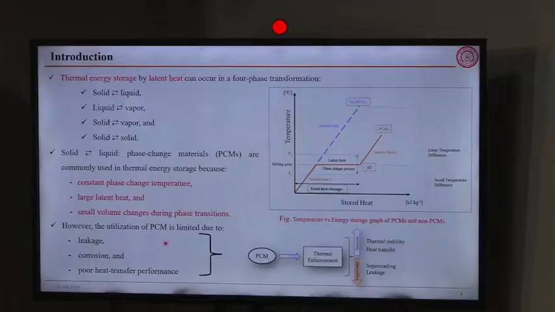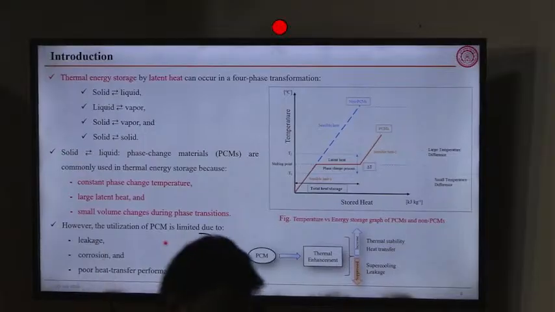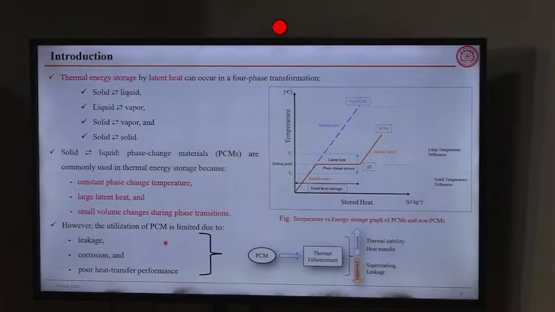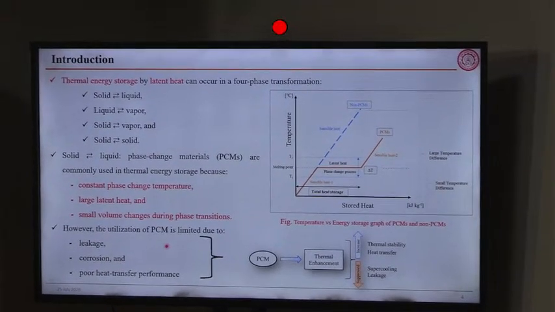It will just change its phase. So that way you will be arresting less heat, and the overall air conditioning load of this building will be minimized. So this is one aspect through which you can appreciate a wax-based phase change material which can be utilized as a thermal energy storage.